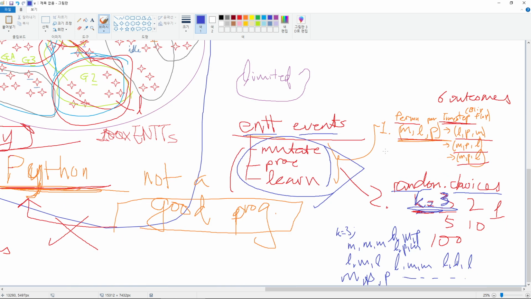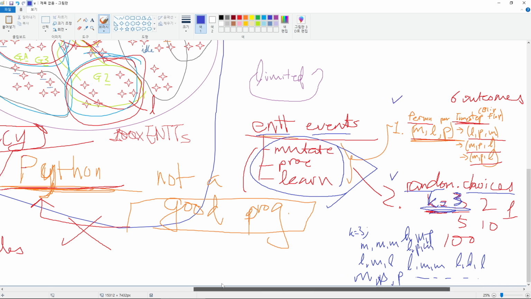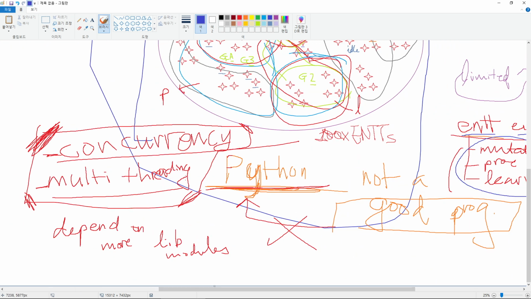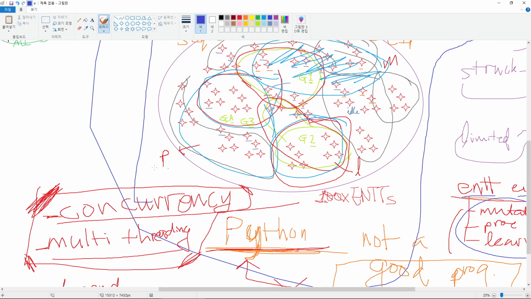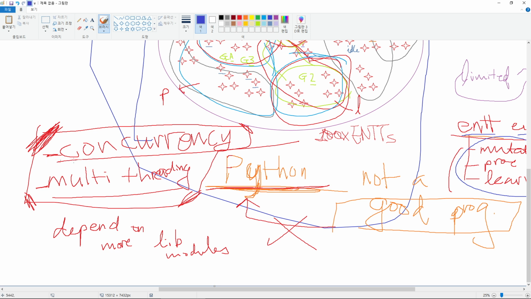But anyway, these 2 are maybe where I'll be starting from before I actually try to implement these 2 concepts, concurrency and multi-threading, or just parallelism in general.